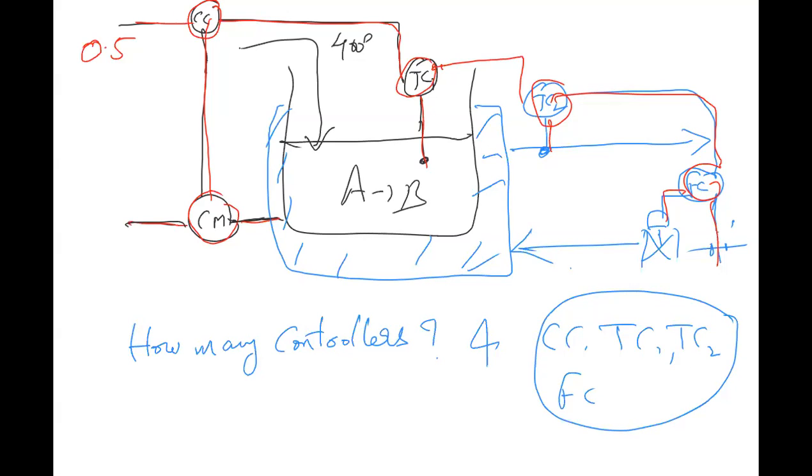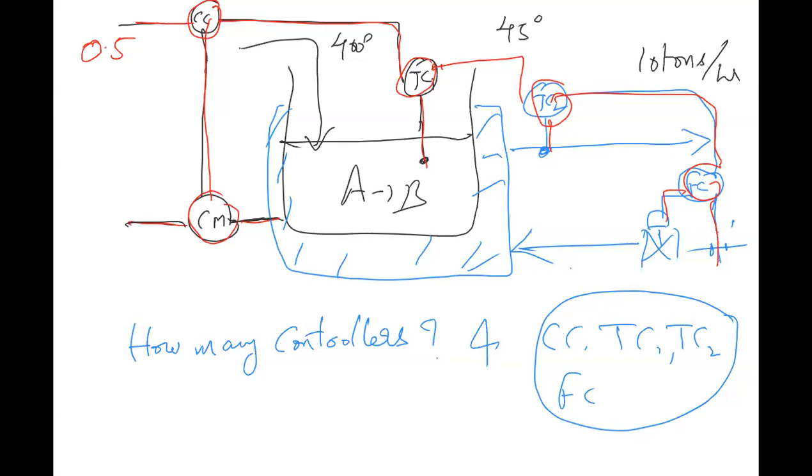So the concentration controller gives set point to this temperature controller. Now this temperature controller gives set point to the cooling water temperature outlet, which is 45 degrees. This cooling water temperature outlet gives set point to, let's say, 10 tons per hour of cooling water flow. So here everything is linked.